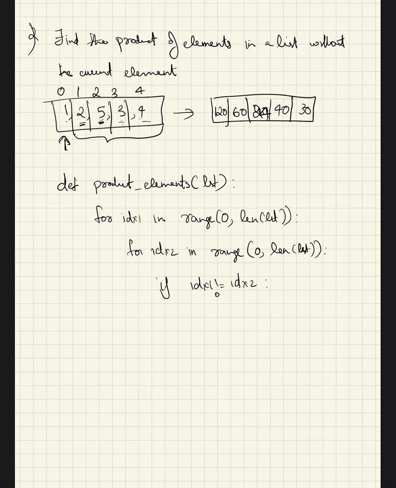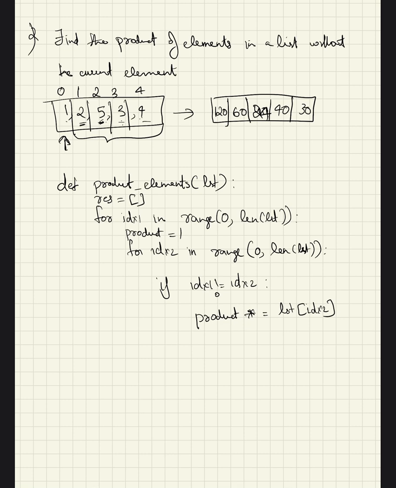If so, what I can do is I can put a variable here called product, which I will initialize as 1, and maybe I can have another result array declared upfront. And what I can do is, if it is not same, then basically product star equal to list of IDX2, right?